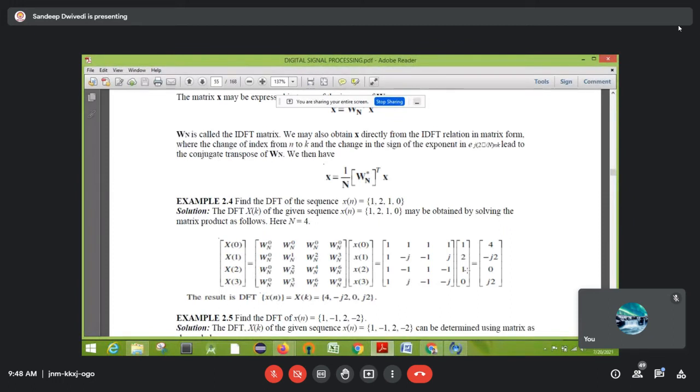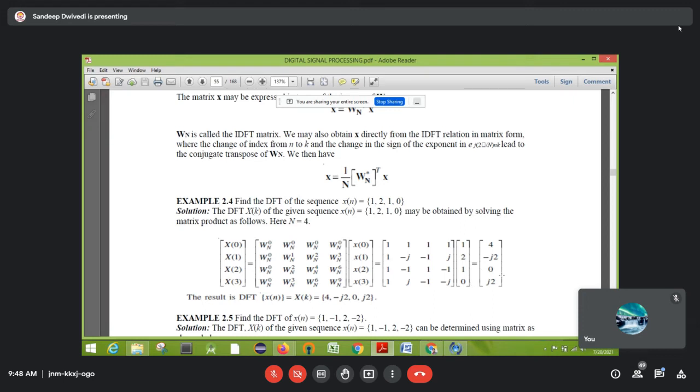Then the next row you need to take, and on this column. So this will be 1 minus 2j, then minus 1, so that will be cancelled. So minus 2j will be there, the last one will be 0. Then like this you can do the calculation. For the third one this will be 1, then minus 2, then 1, so 1 plus 1, this will be 2, then this last one is 0.